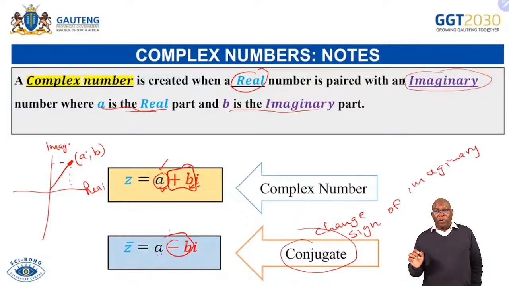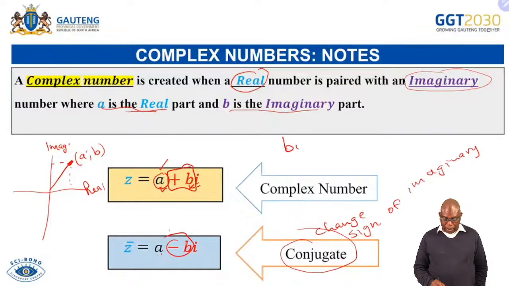Now, sometimes in the exam, they confuse you. They'll write BI minus A. You know that when I have an I, then I have an imaginary part. If there's no I, it's real. So I must change the sign of the imaginary part. This is a plus sign. The conjugate has a bar on top.